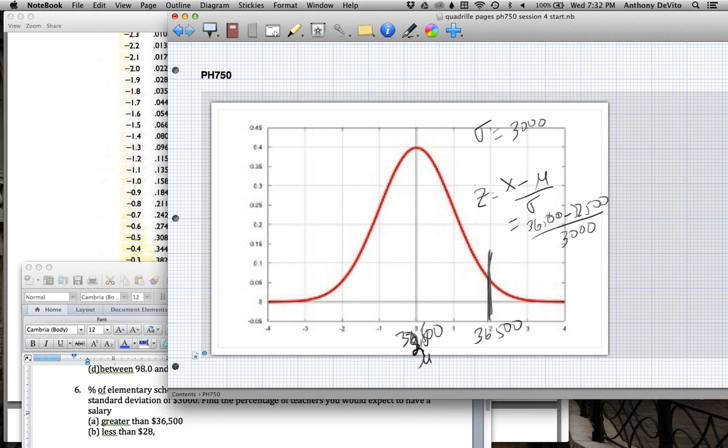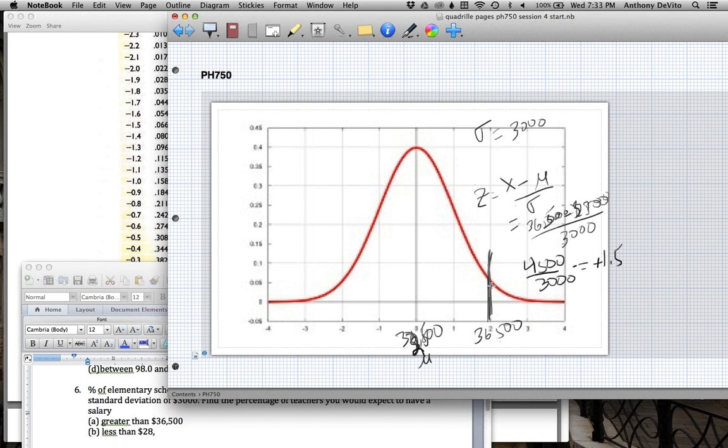And 36,500 minus 32,000. So what is that? That's 4,500. 4,500 over 3,000. So what is the z-score for 36,500? It's plus 1.5.